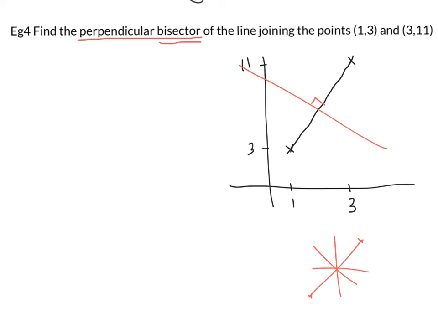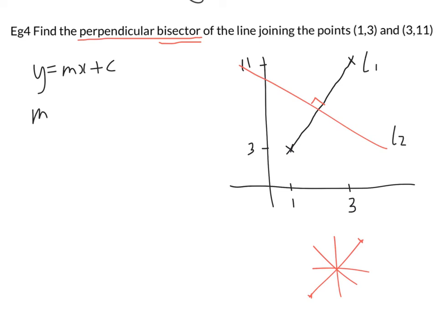Remember, it's going to be the format y equals mx plus c. So can we get the gradient of this line to begin? Well, we know the gradient of this line, or we can get it, can't we? So the gradient of, let's call this line 1, and then this line 2.